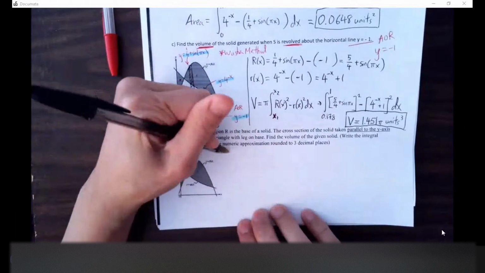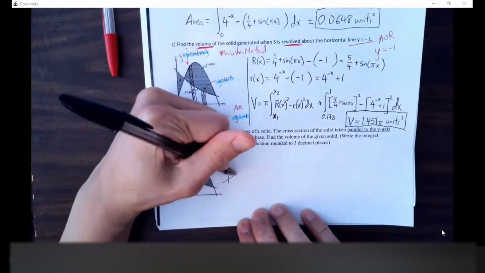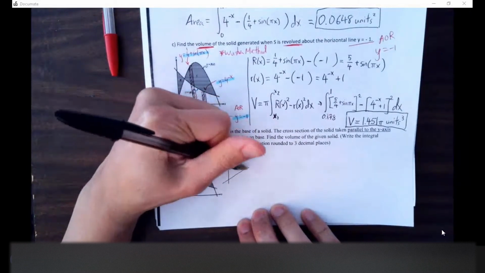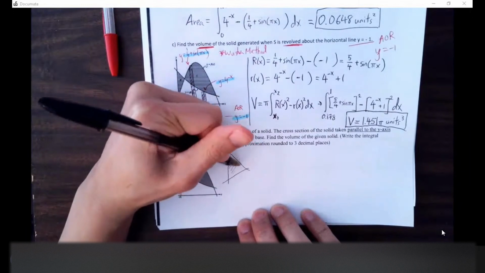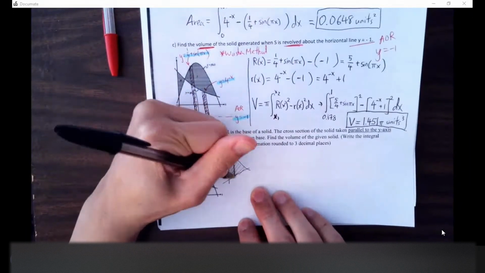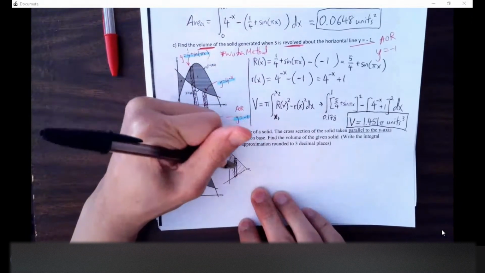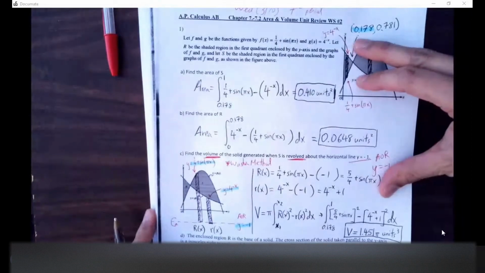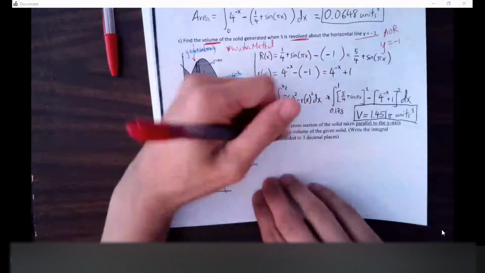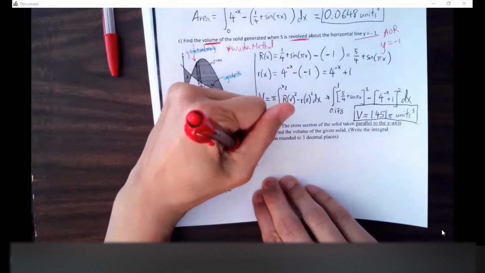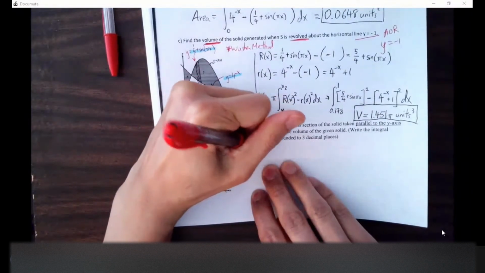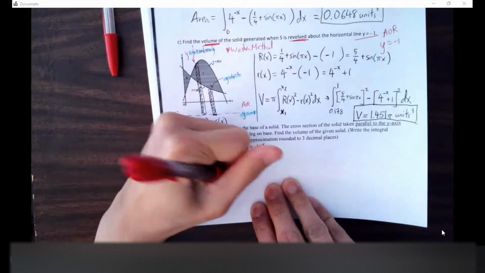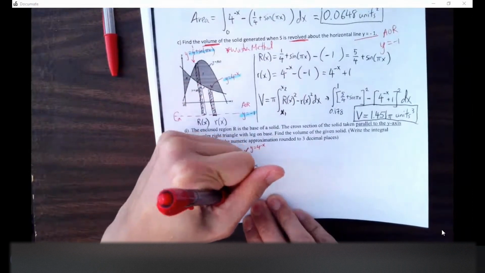All right, so just like how we did with region R here, 4 to the negative x is on the top and the bottom is the sine.